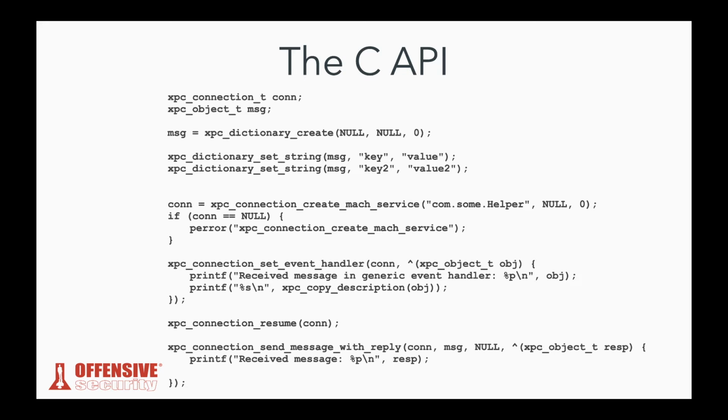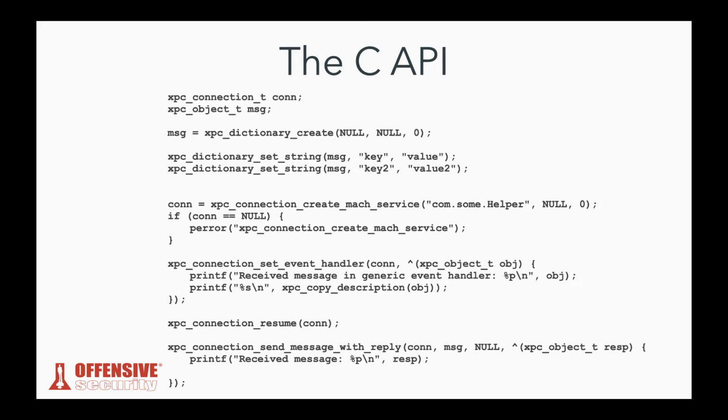The next step is to look up the service with xpc_connection_create_mach_service. We give it com.some.helper, which is the name of the Mach service we are looking for, and we try to connect to it. This is where the connection is established. If the XPC service doesn't accept us as a client, we will fail here.